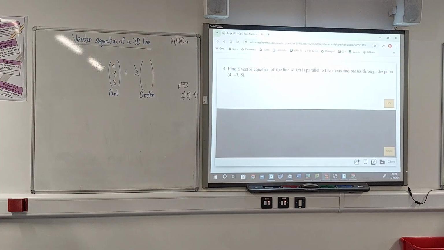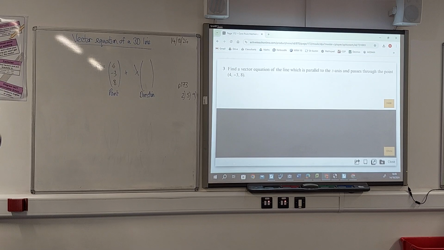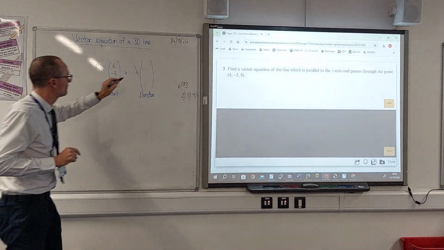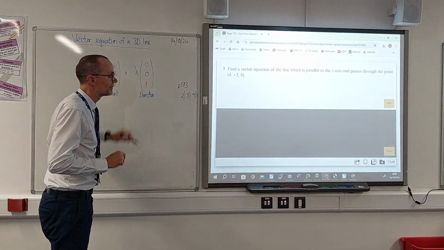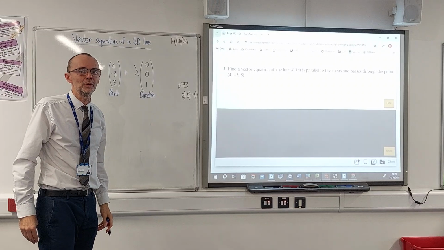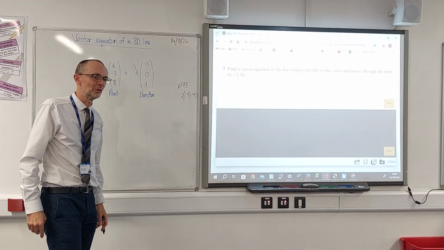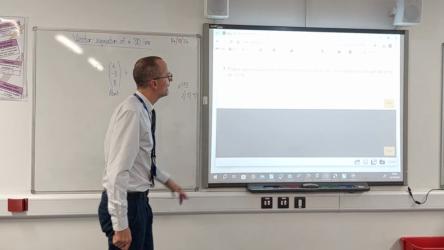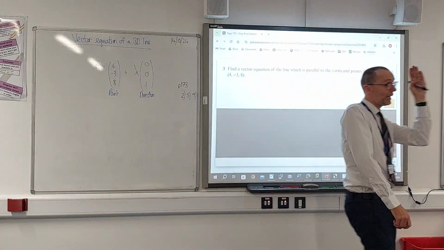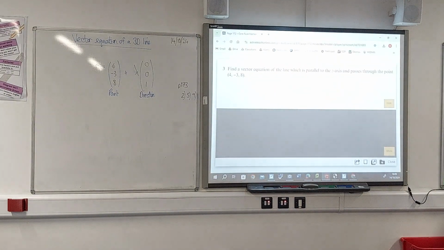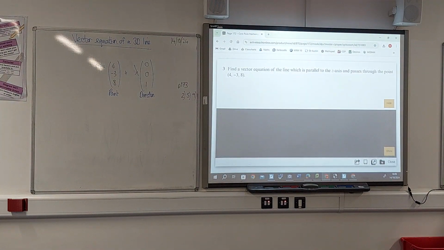Any suggestions for direction? Go for it first. 001. Or 002, or 003, or 004. All of those would be directions which are parallel to the Z-axis, that's right, yes.